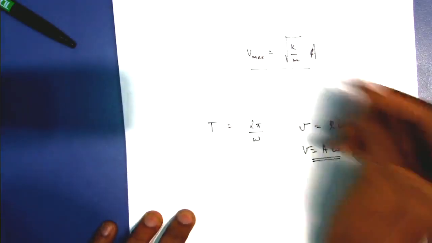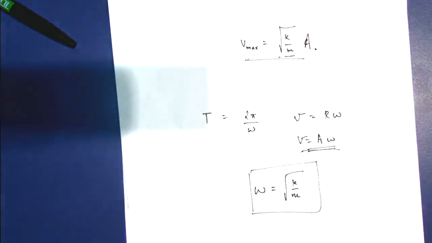To complete our analogy, this v max and this v can be related if we say that the omega for this oscillation is square root of k over m. Does everyone see that? A is the same, so these two are the same if this square root of k over m is omega. Everyone with me so far?